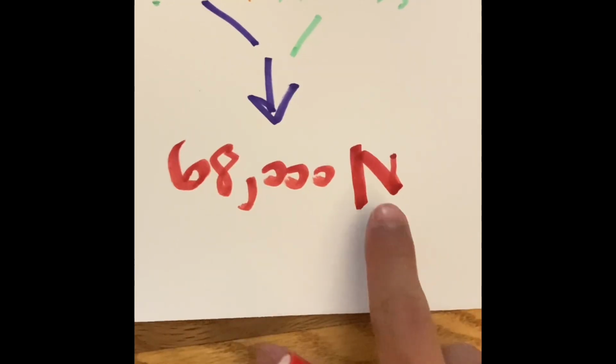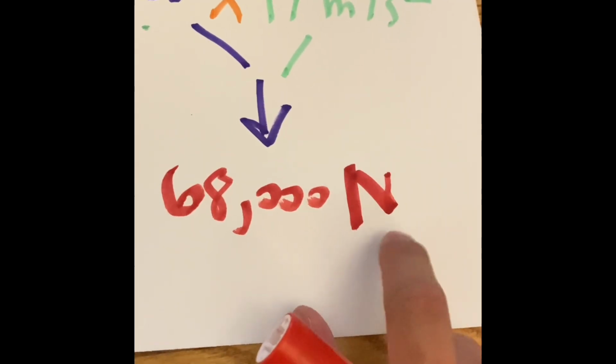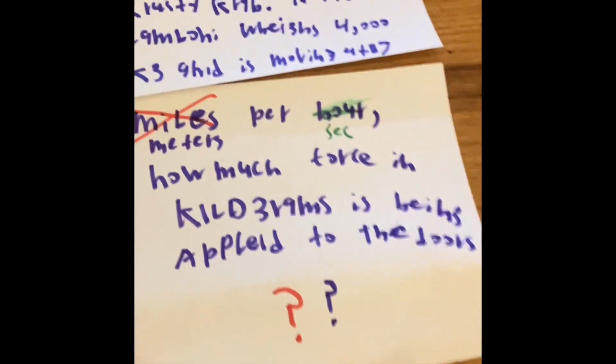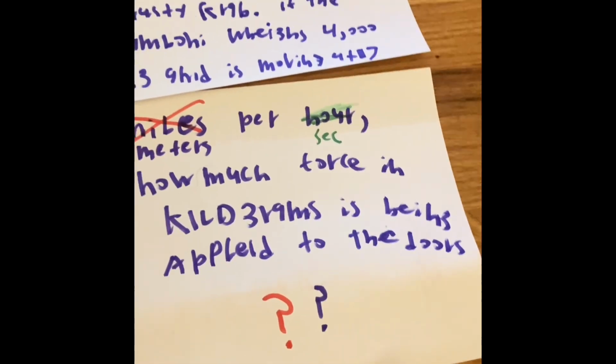The problem is, we don't want newtons. Newtons represent how much is being applied by motion. We want it measured in kilograms: how much force is being applied to the door, in kilograms.